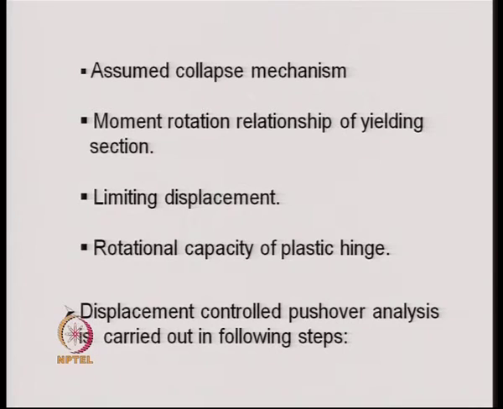In order to trace the complete load displacement curve, that is up to the collapse state, we assume some kind of displacement, which is generally a large displacement, and give it as an input to the structure, so that the solution automatically stops before the actual displacement that we have provided is achieved.